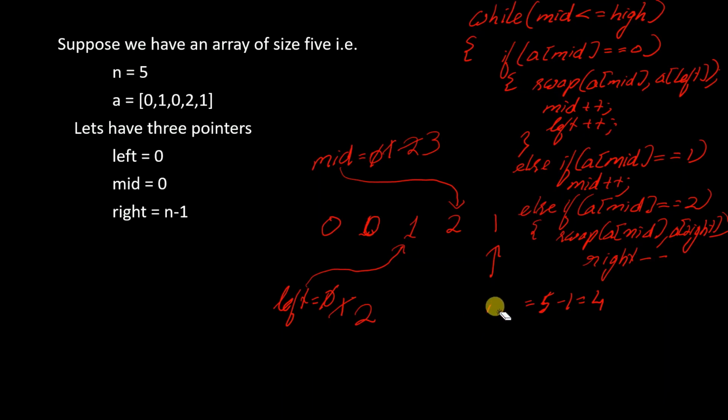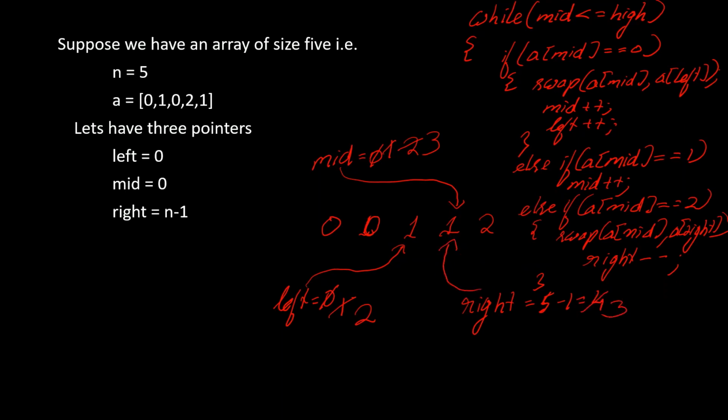So we swap this with the right. The array becomes 1 and here comes 2. Now we decrease the right pointer, so the right pointer comes to point towards this.